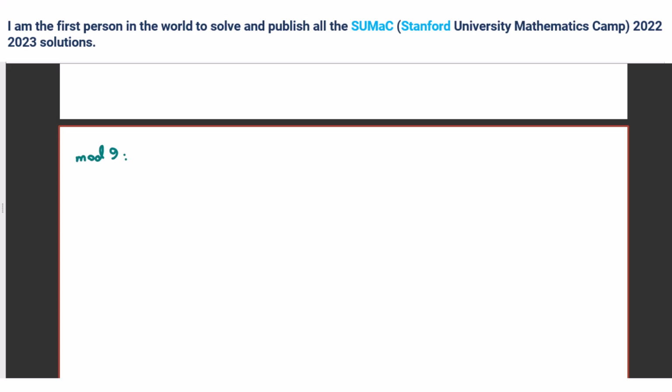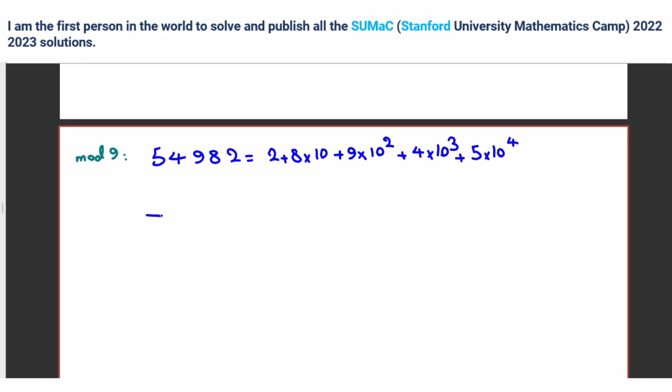Okay. So let me tell you the reason. For example, suppose we have 54982. So it is equal to 2 plus 8 times 10 plus 9 times 10 squared, right? Plus 4 times 10 cubed plus 5 times 10 to the fourth, right? Now I want to calculate this mod 9.